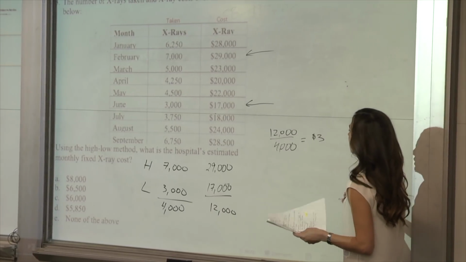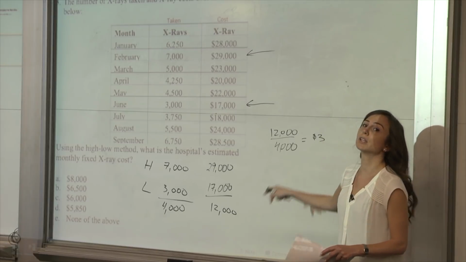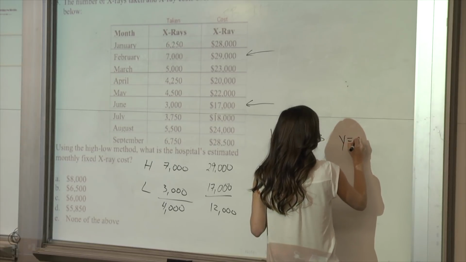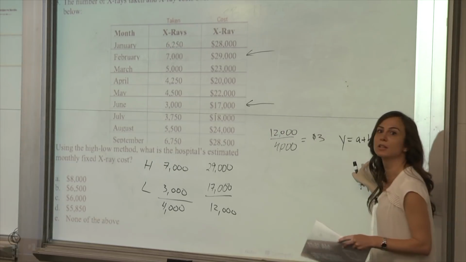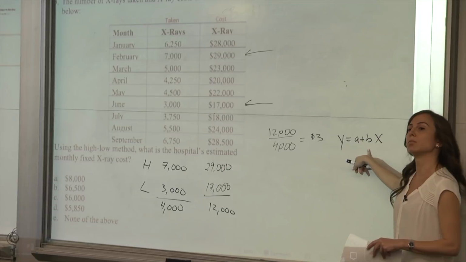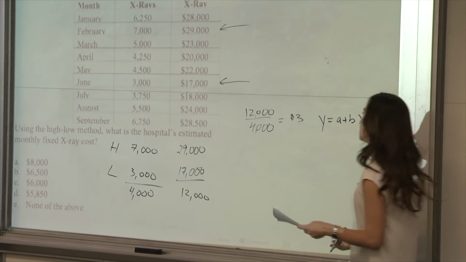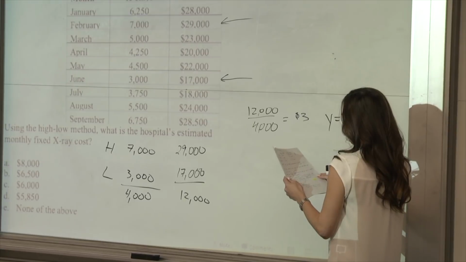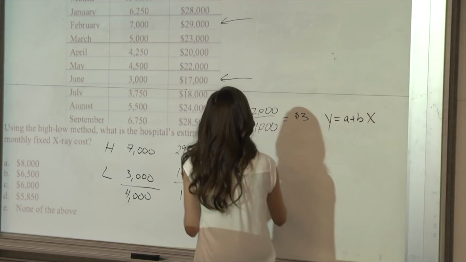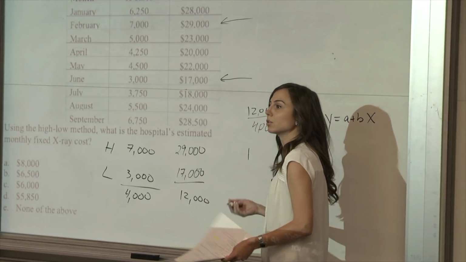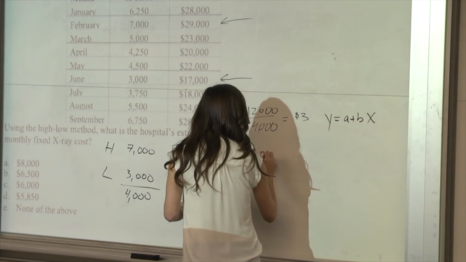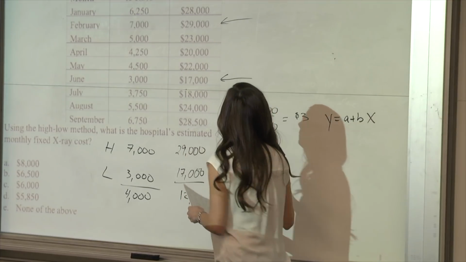Now, because we're given the total cost information and we now have this variable cost, we can then find the fixed cost. Using this, if you're reading the textbook, you're familiar with this formula here. So A represents the fixed cost, B represents the variable cost per unit, and X represents the number of units. So I'm going to use the low activity here. Again, you can use either the high or the low activity, whichever one, you'll get the same fixed cost. But we have the total cost is 17,000.